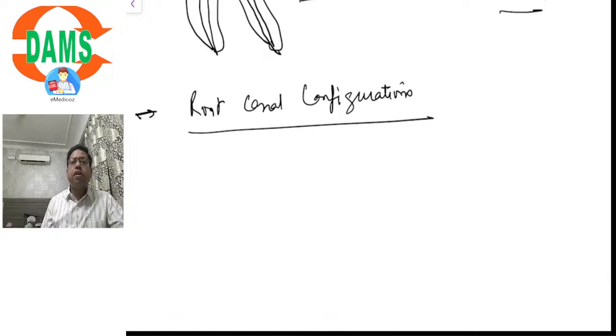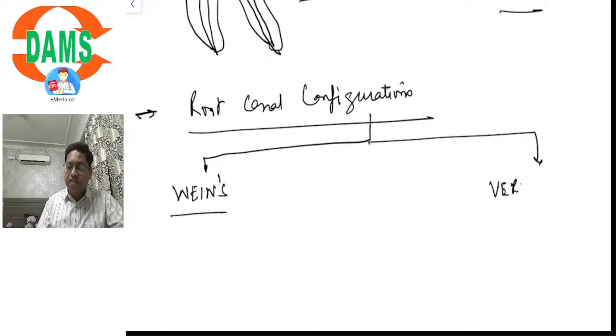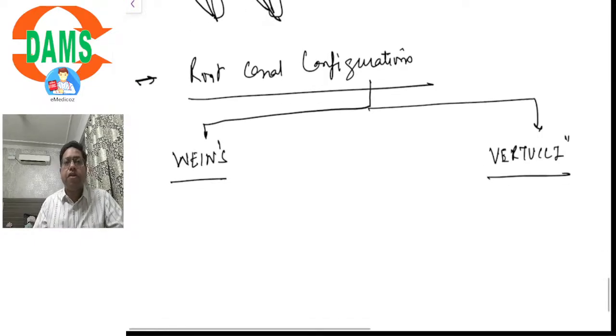To understand root canal configuration, various classifications have been given over the years. But from your perspective, two important classifications are Weine's root canal configuration and Vertucci's root canal configuration.